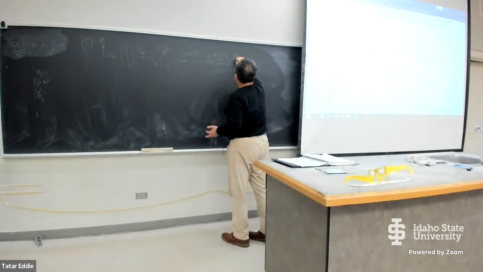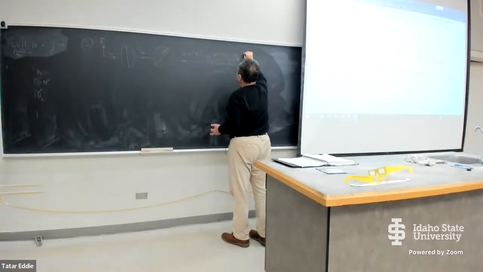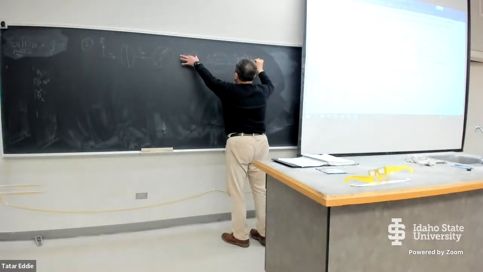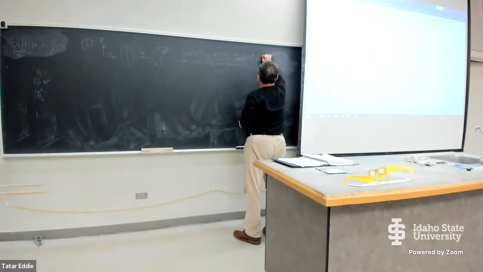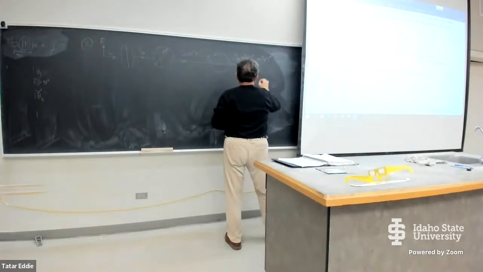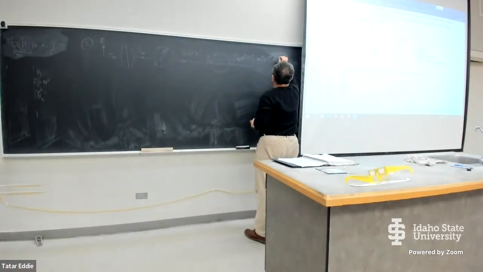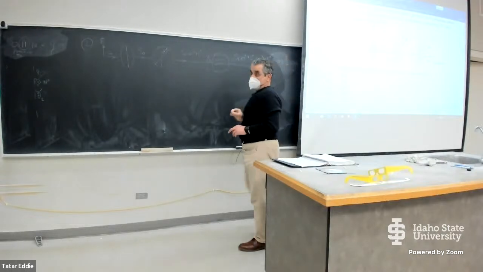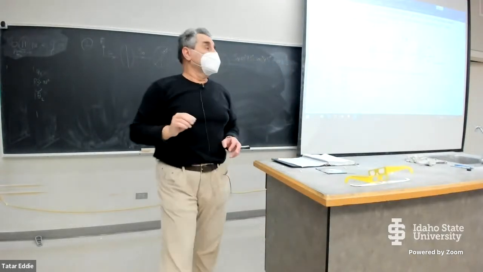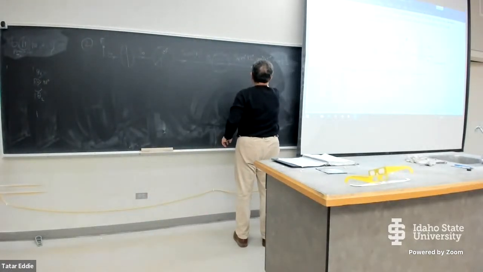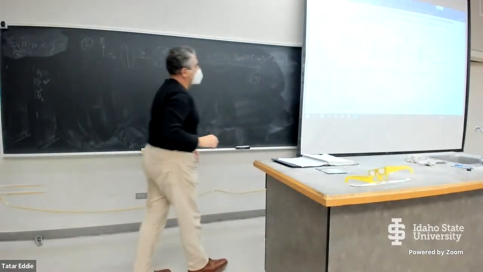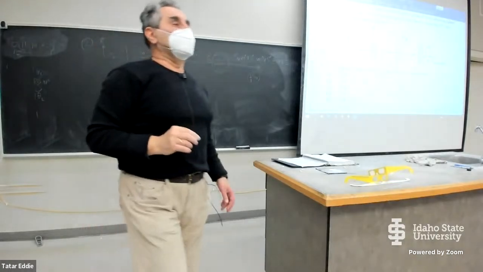So you're going to have S naught times cosine squared of 45 times cosine squared of 45, which is S naught times 1/2 times 1/2. So what is coming out on this side is S naught times 1/4. So 1/4 is transmitted.